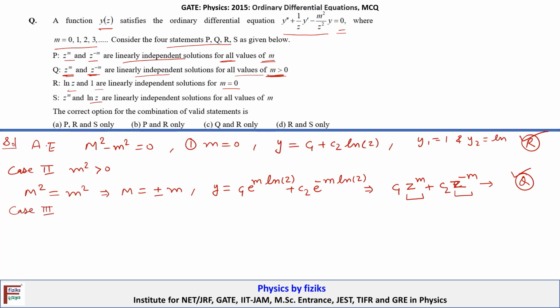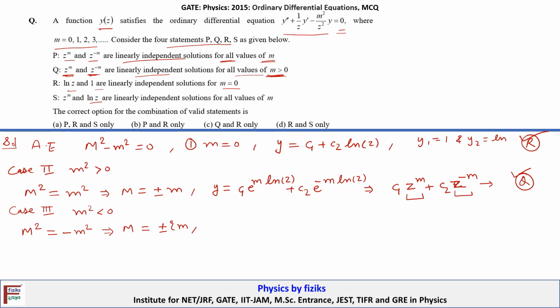In case 3, if this m square is less than 0, meaning negative, then from the auxiliary equation we obtain m square is equal to minus small m square, and from here we can write the roots as m equal to plus minus iota small m.